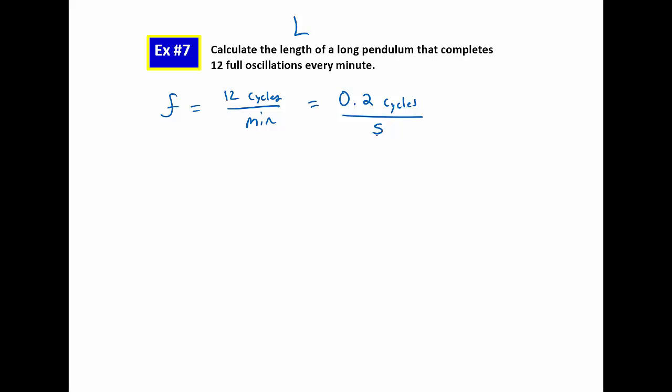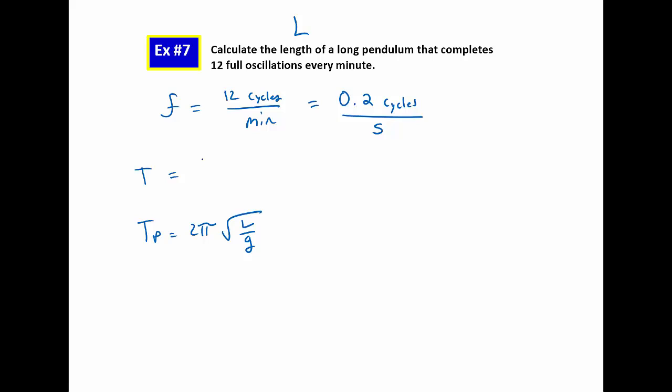But I want to know the length, and I need an equation that has L in it, so I'm going to be looking at the equation for the period of an oscillator. So I look at my equation sheet, and I've got T_p is equal to 2 times pi times the square root of L over g, but they give me the frequency.